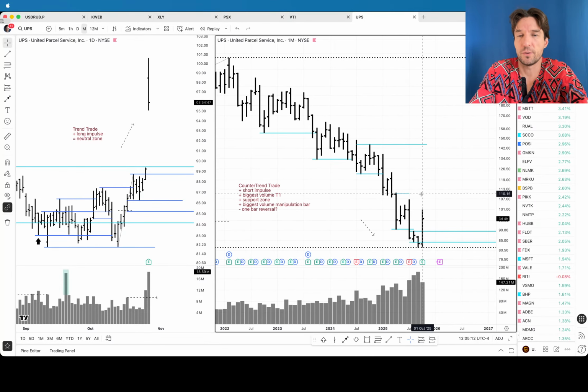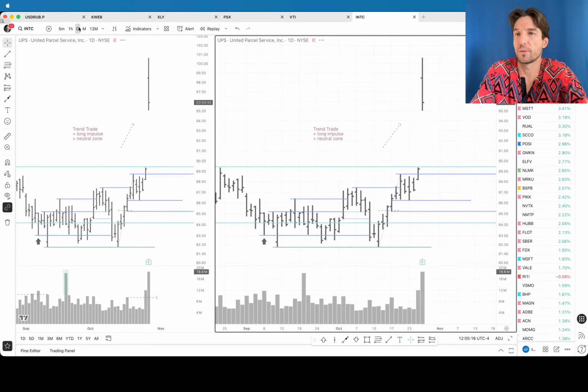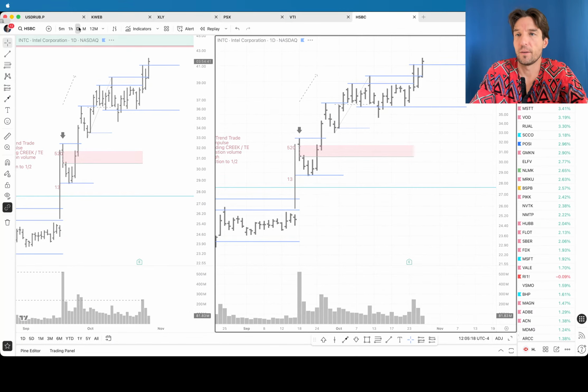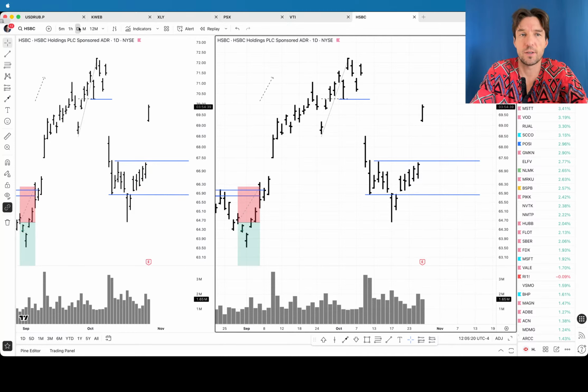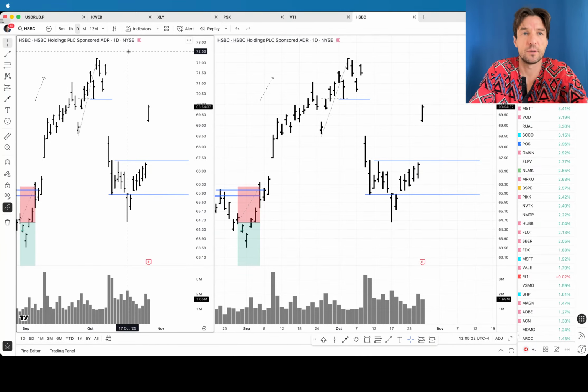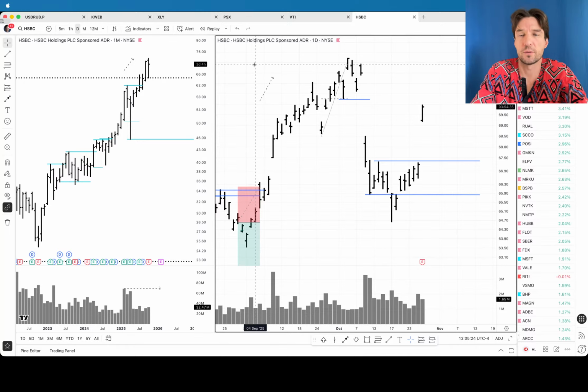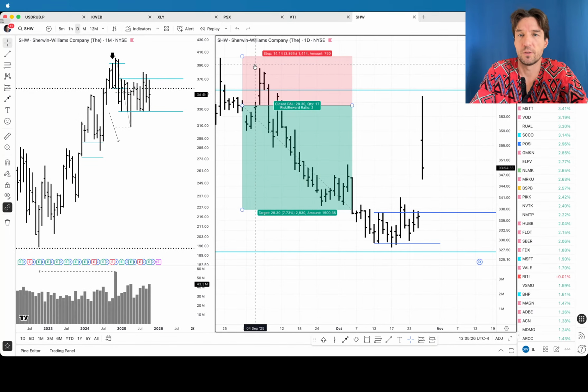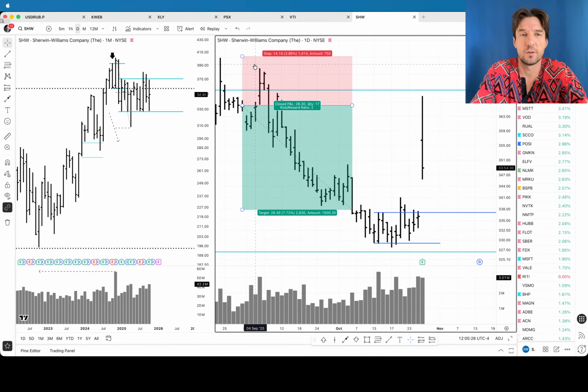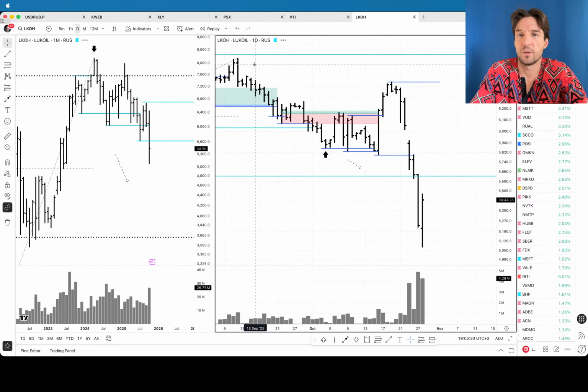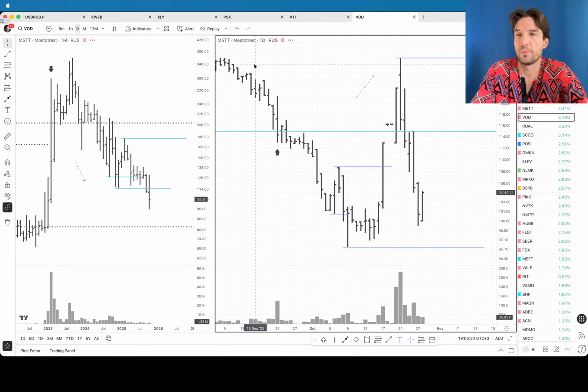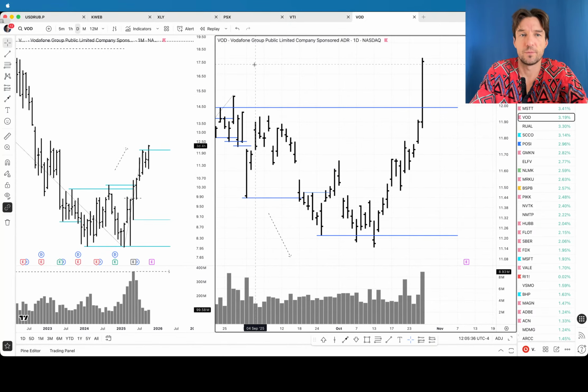It needs to find its levels. This thing popped. I think that's a level.